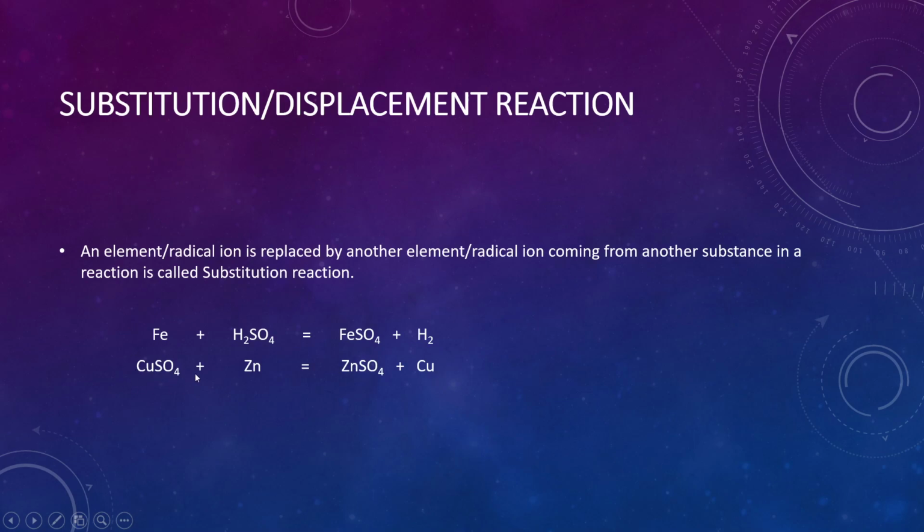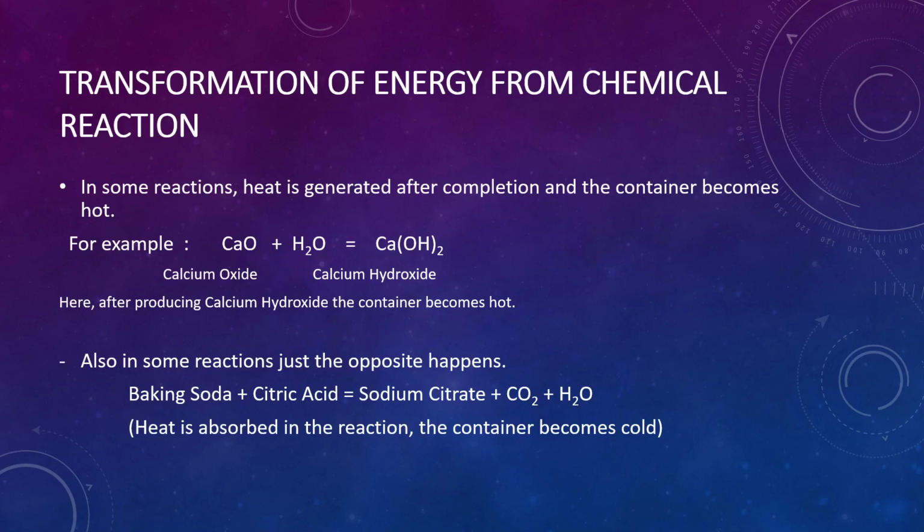Zinc reacts with copper sulfate. In copper sulfate, copper is substituted by zinc to produce zinc sulfate, and copper gets separated. Now let's come to transformation of energy from chemical reaction.